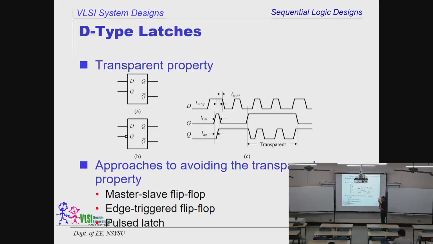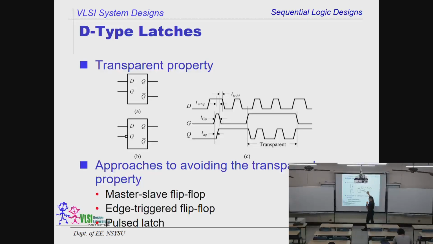This is the first type of memory device. It is the simplest one. Basically you can think that the G is a control. The one without a circle is positive enable, positive or high level sensitive. When it is high, all the signal you see will be transmitted to the other side faithfully, literally.